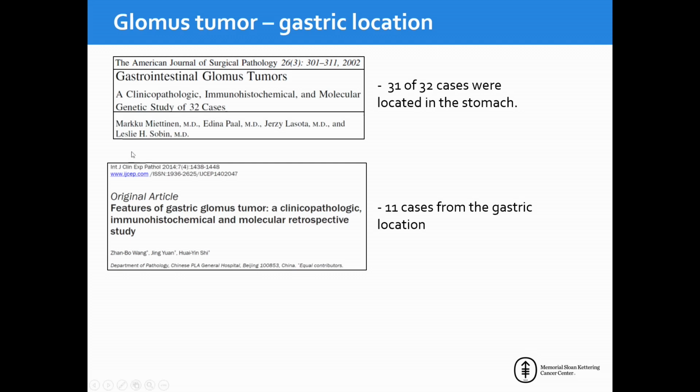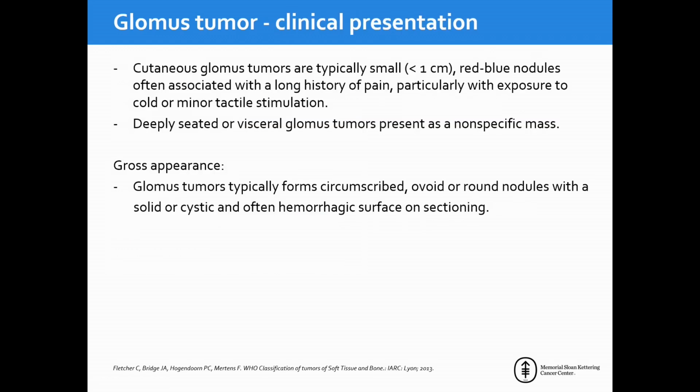There are also multiple other papers with multiple cases from gastric locations. So the stomach appears to be one of the more common visceral locations for glomus tumors. They typically are small and often associated with a long history of pain, especially the cutaneous ones and the ones in the nail bed, particularly with exposure to cold or minor tactile stimulation.